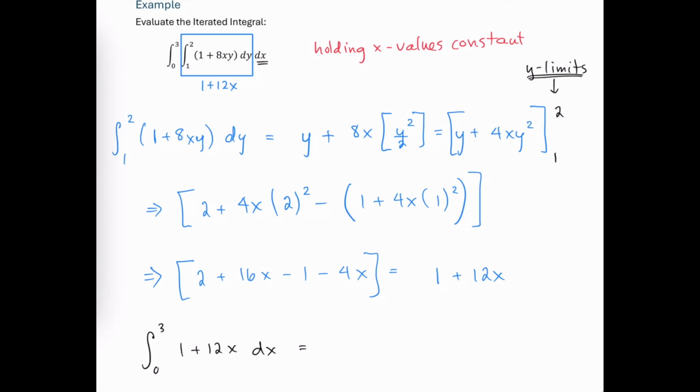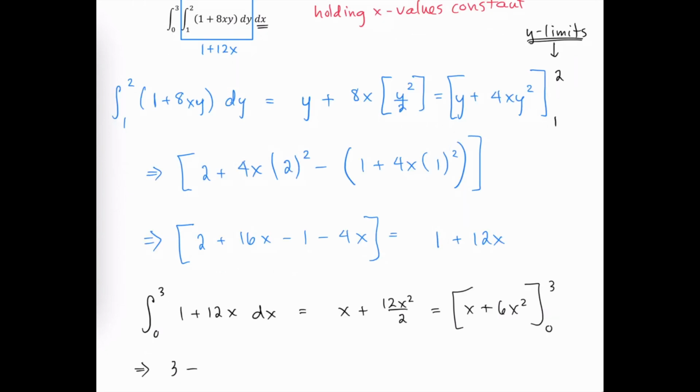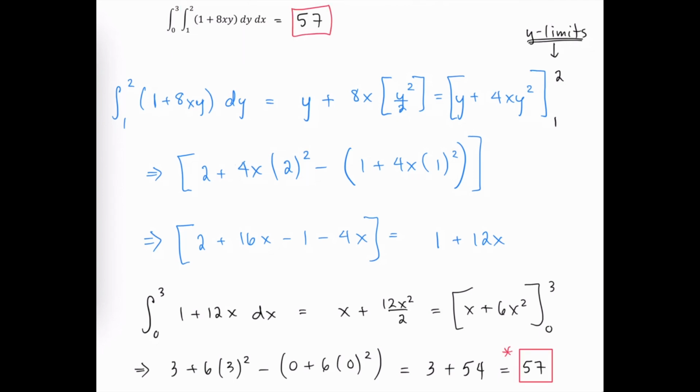So all we're dealing with are x's. The integral of 1 is going to be x plus 12x squared over 2. Then we simplify and evaluate from 0 to 3. So now plugging in our limits, and this final calculation turns out to be 57, which is the output value of this iterated integral.